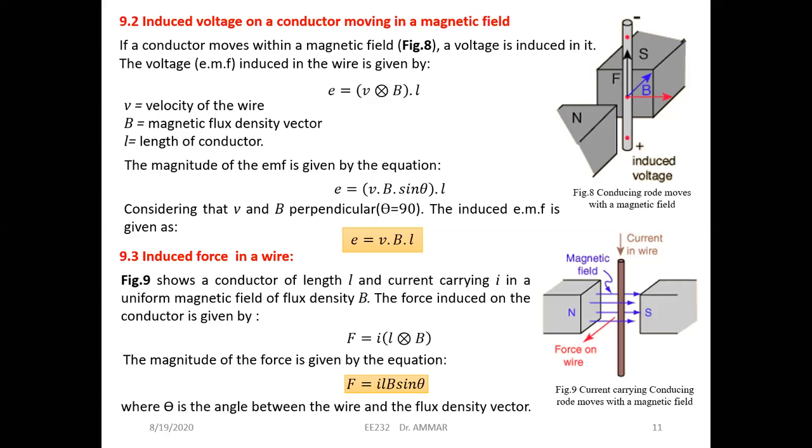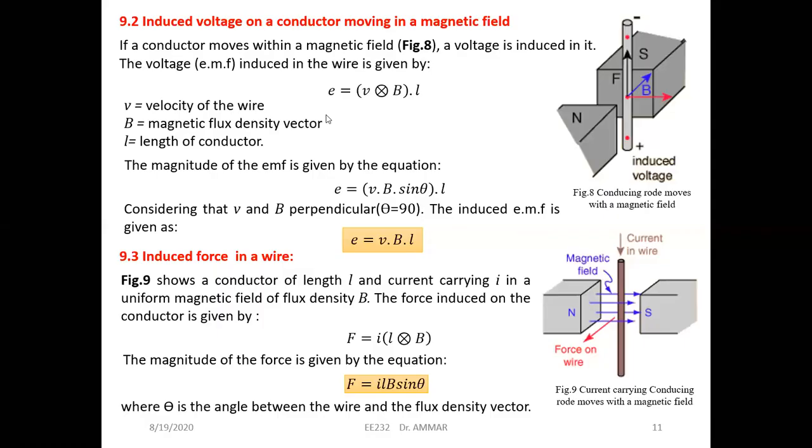This case can be used for AC machines, where we have time varying flux. In a DC machine, we want to generate induced voltage on a moving conductor.